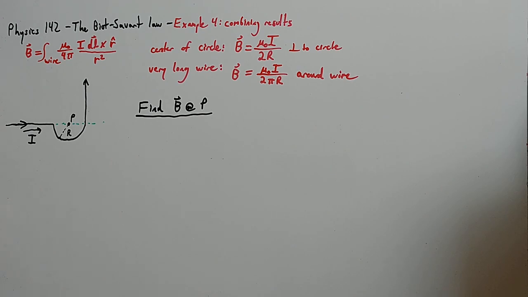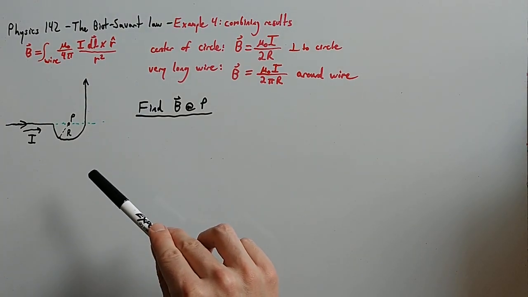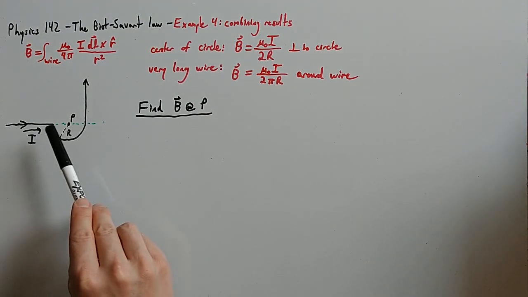In this video, I want to think about a more complicated setup, where we start combining some of these results and see what we can learn. So the example that I'm interested in is this example that I've drawn. We have a wire that's coming in here from the left.